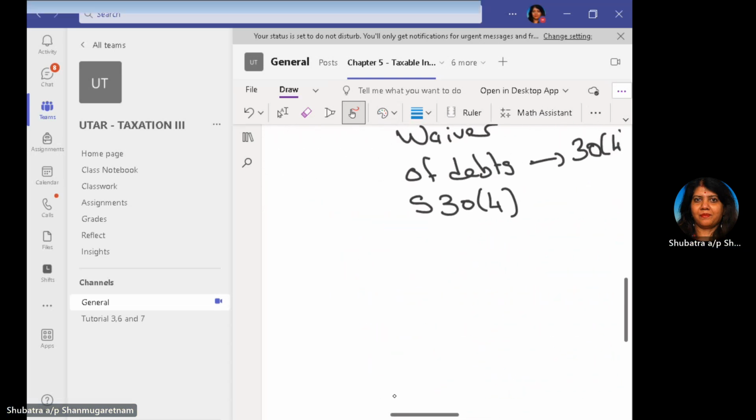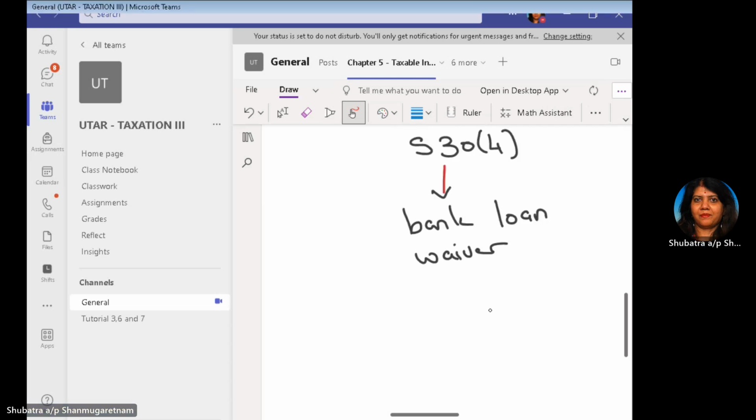Now, bank loan. Bank loan waiver. All right?